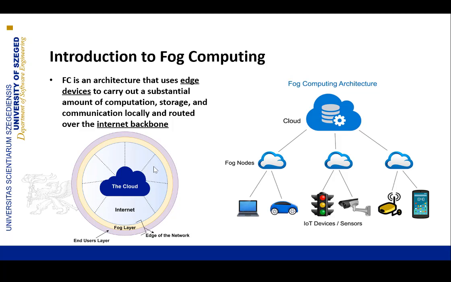So fog computing is basically the extension of cloud computing at the edge of the network. Service models usually provided by the clouds include infrastructure as a service, platform as a service, and software as a service.